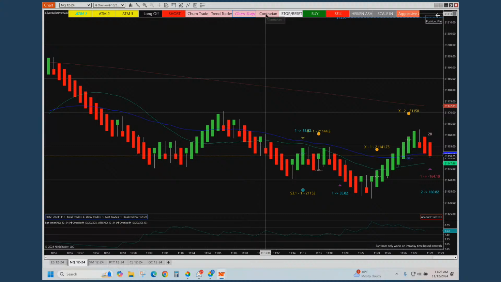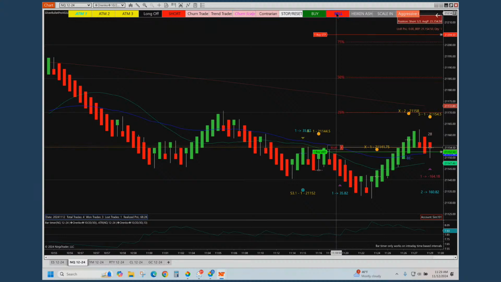Let's see if Churn Scalper gets us a trade. We can trade manually as well. So we can press the sell button if we think the market is good. Here, say I press this, and where the price is, I can buy or short from there.